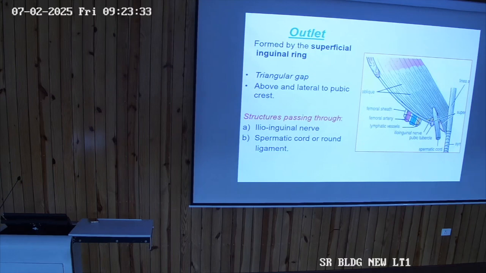If it lies above and lateral to the pubic tubercle, it is an inguinal hernia, and if it is below and medial to the pubic tubercle, it will be a femoral hernia. So just remember it is situated above and lateral to the pubic tubercle, and the structures passing through it will be the ilioinguinal nerve and spermatic cord or round ligament.